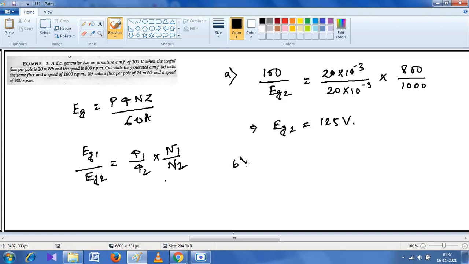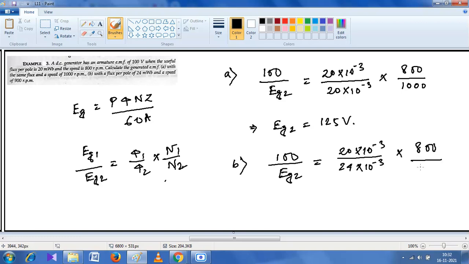And in B, the first one is 100, then Eg2 is equal to 20 into 10 to the power minus 3 by 24 into 10 to the power minus 3, into 800, and the speed is 900. So here what is the value at that time? 125.